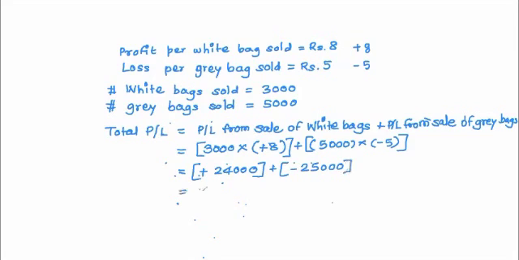Now rationalizing the signs, we get 24,000 plus minus 25,000. Plus and minus results into subtraction.